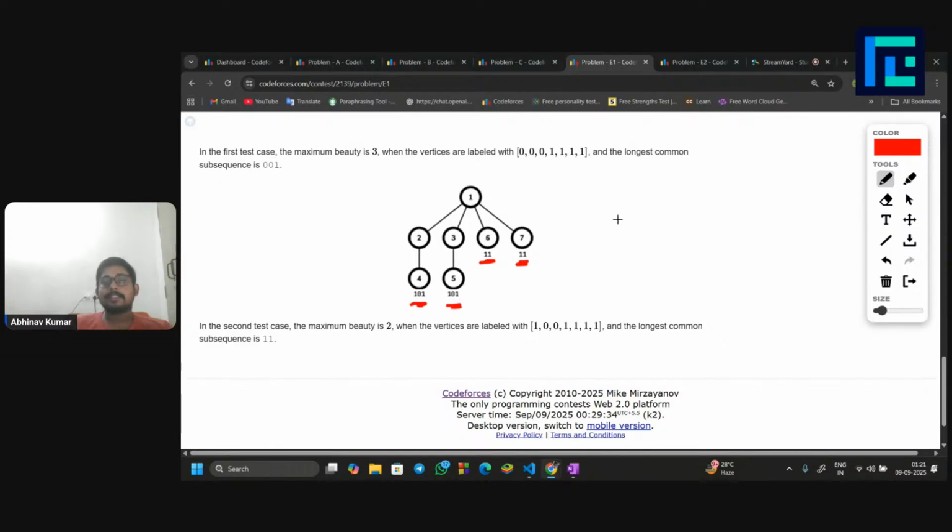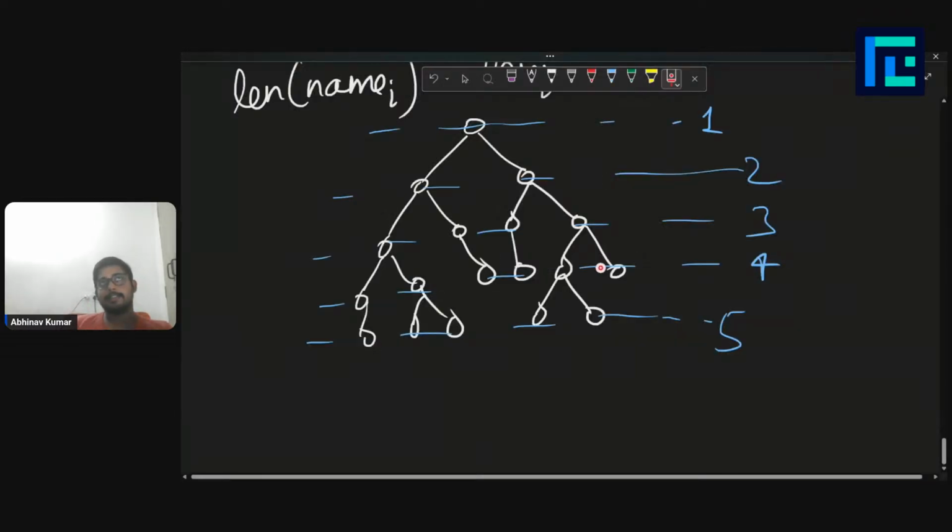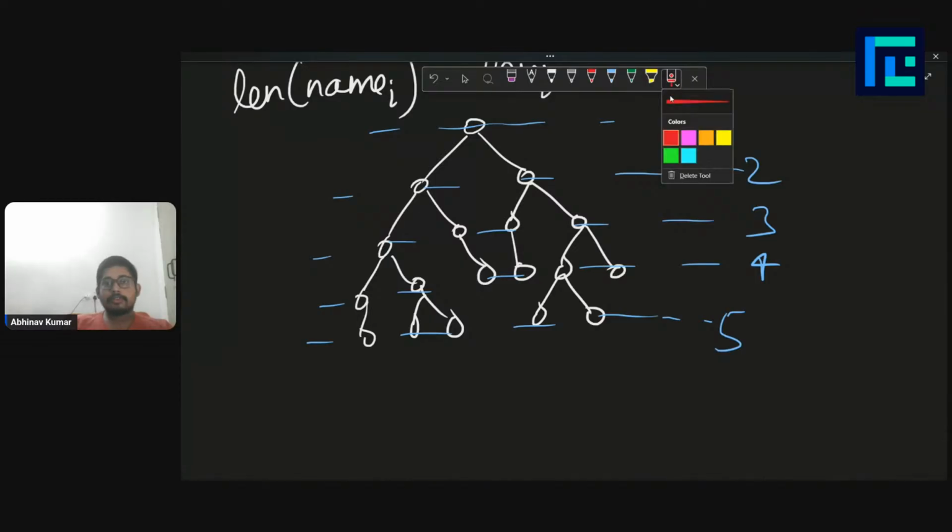The maximum LCS you could have got is 2. You cannot get an LCS of 3 with a string of size 2. So whatever is the minimum length, that's the maximum you can get, if it is possible to make that. If not, then anything less than that. So first we would try if we can make that our answer; then that would be the maximum for sure. So which would be the leaf that would decide our minimum length?